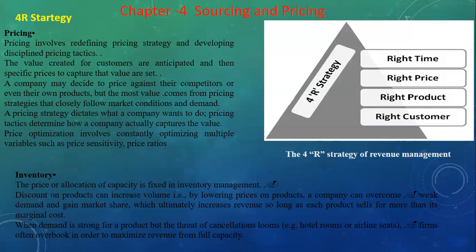Now, if you talk about inventory, the price or allocation of capacity is fixed in inventory management. There are some factors which are fixed and cannot be changed. How can we manage the pricing in supply chain management? Some elements are fixed and some are variable. Inventory management pricing is fixed.